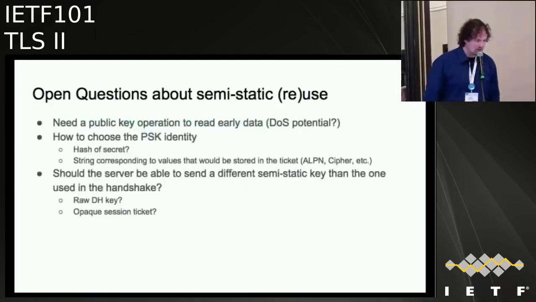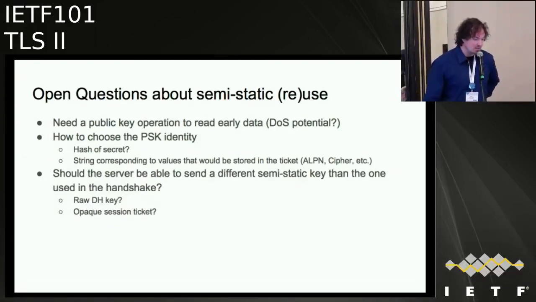Next slide, please. So again, there's a couple open issues about semi-static reuse. You have to do a public key operation to read early data now rather than a symmetric one. Is that a problem for DoS? How do you choose the PSK identity? There's definitely some issues around resumption that need to be sorted out, and these were difficult ones in TLS 1.3, which we decided to punt on in favor of the much simpler PSK.